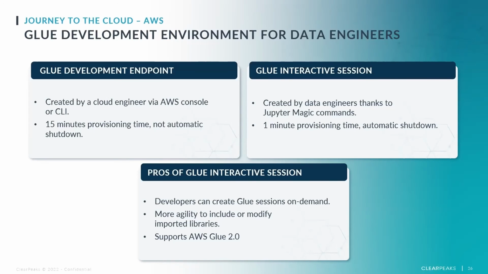On the other hand, the new service is the Glue Interactive Session, which is a service that you can spin up using Jupyter magic commands. You still need Amazon credentials for sure, but it's easy to spin up by a data engineer, and the provisioning time is much faster.